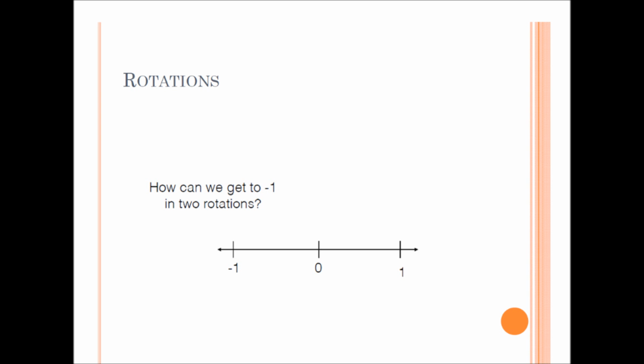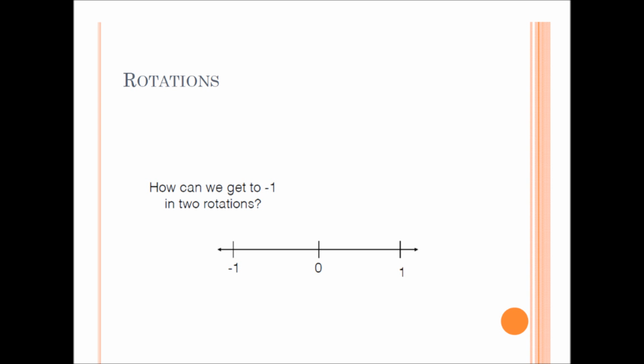So we can see that we need two rotations of 90 degrees to get to negative 1, since they have to be equal. So what then can we multiply to get 90 degree rotations?